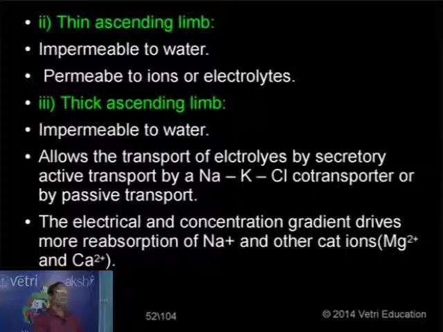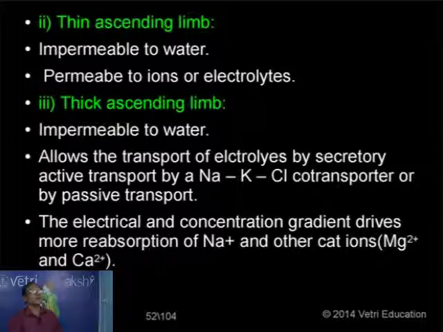co-transporter system. So anyway, this region allows transport of electrolytes by a selective secretory active transport mechanism. The process is called secretory active transport. The mechanism is by the sodium potassium chloride co-transporter, or by means of passive transport also.